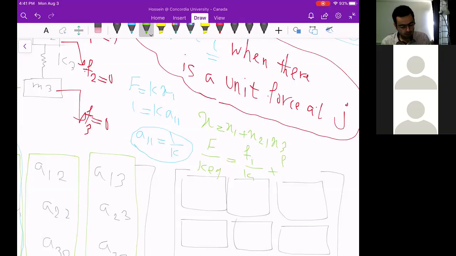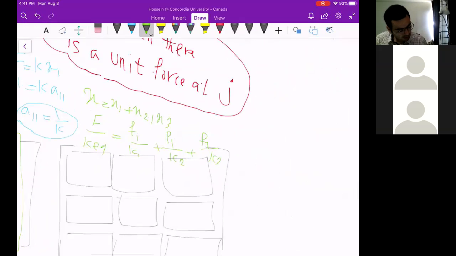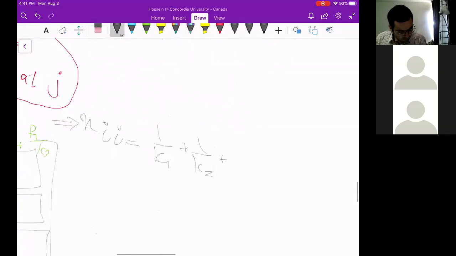So F1 over K2 plus F1 over K3. Therefore, x would be 1 over K1 plus 1 over K2 plus 1 over Ki.